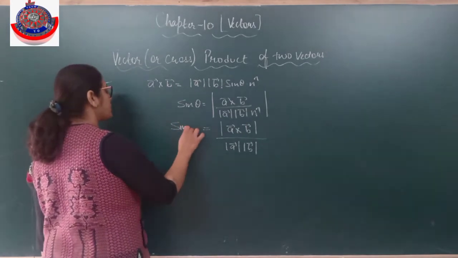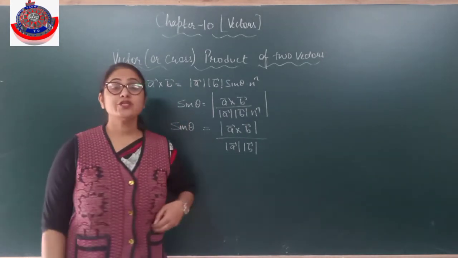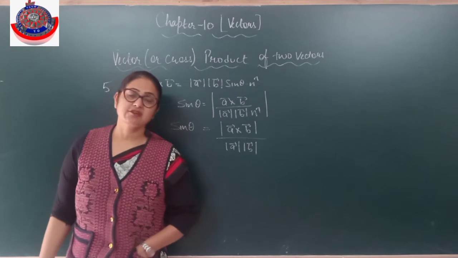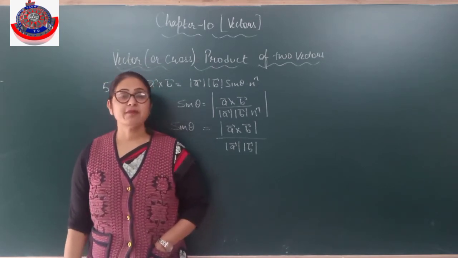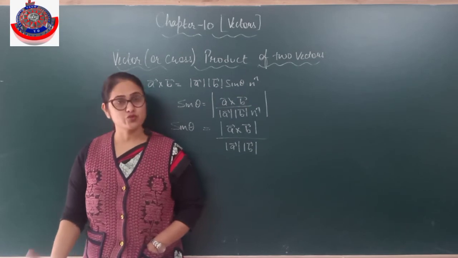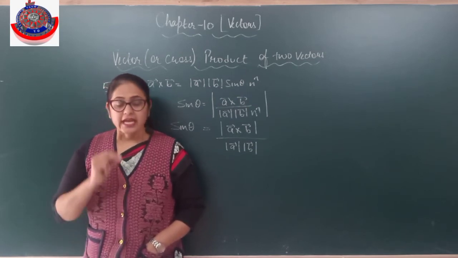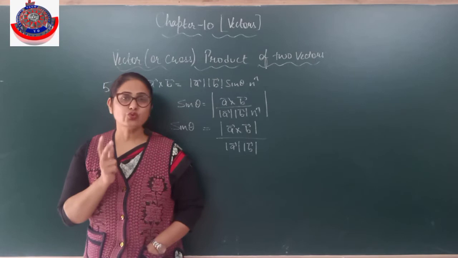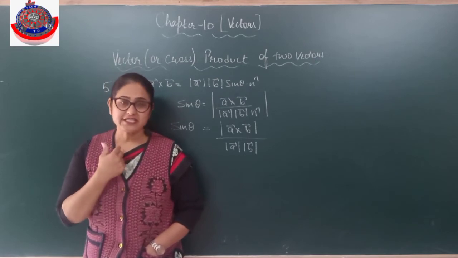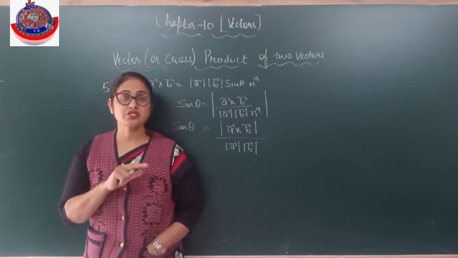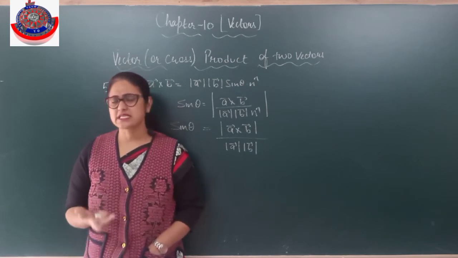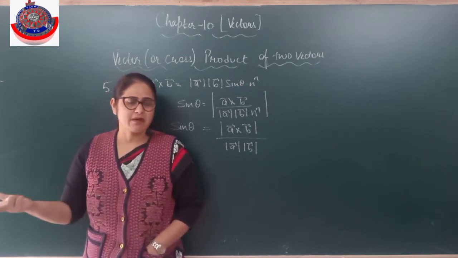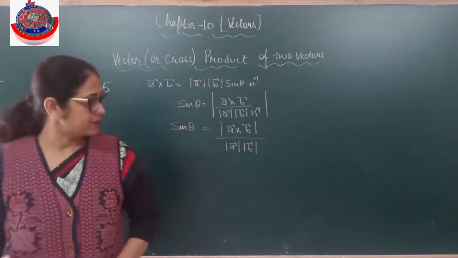If you want to find the angle between two vectors through cross product, sine theta is equal to magnitude of a vector cross b vector divided by magnitude of a into magnitude of b. If they don't specifically ask for the cross product, it's always better to find the angle between two vectors through scalar product, because that's easier. Scalar product gives cos theta equal to a vector dot b vector divided by magnitude of a into magnitude of b. So you need to remember that.